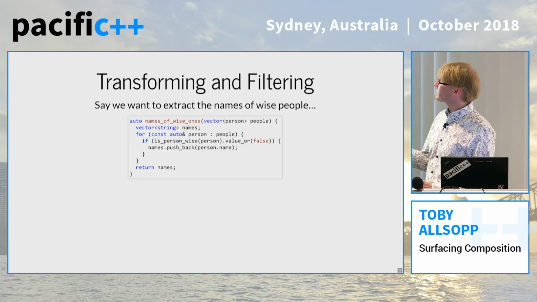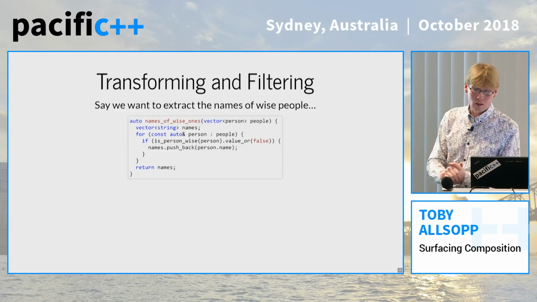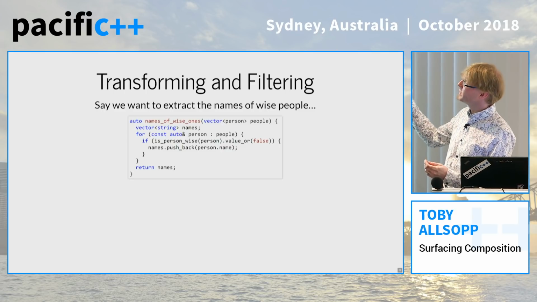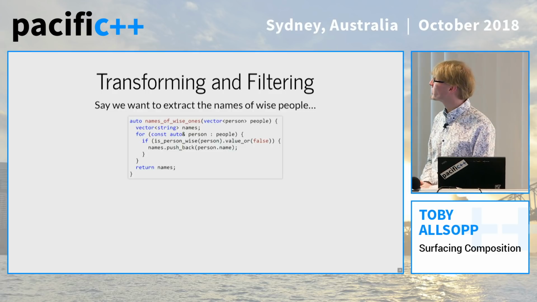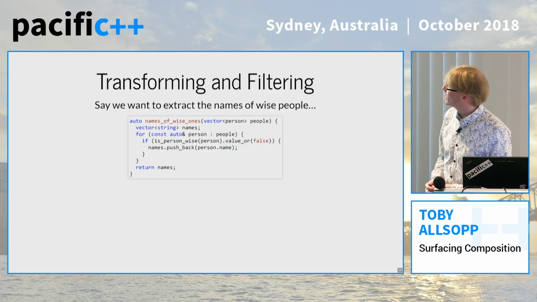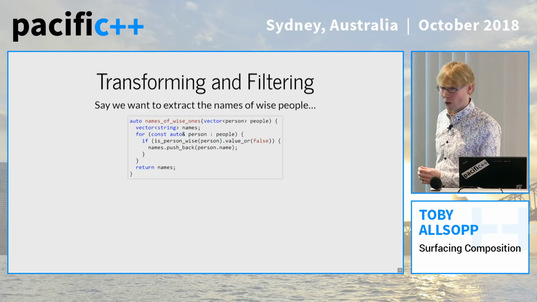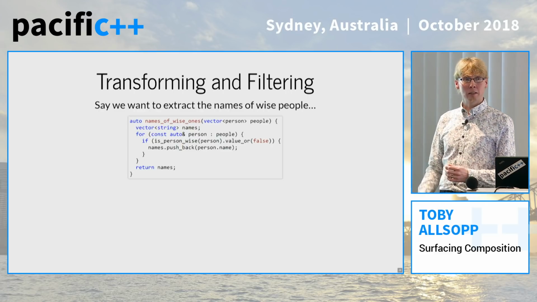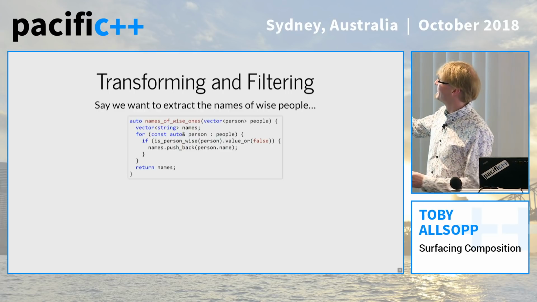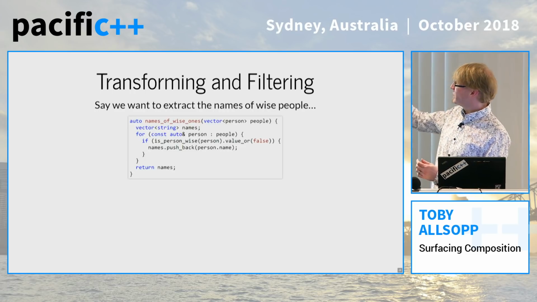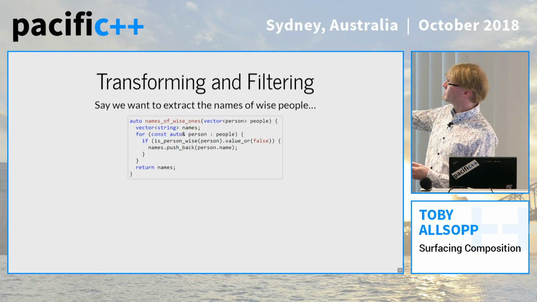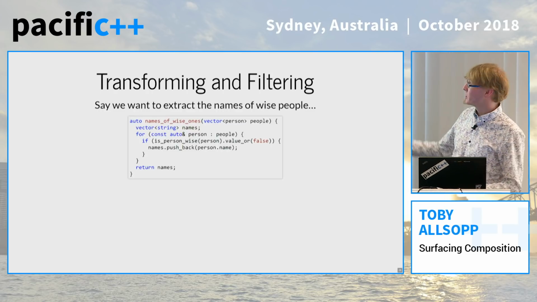Okay, so we've got a function, names of wise ones, that takes a vector of people. This is the sort of very straightforward code that I would probably write. In fact, I did write this. We take a vector of person, and the output is a vector of string.